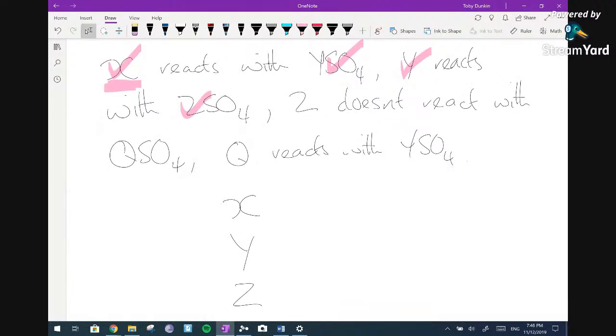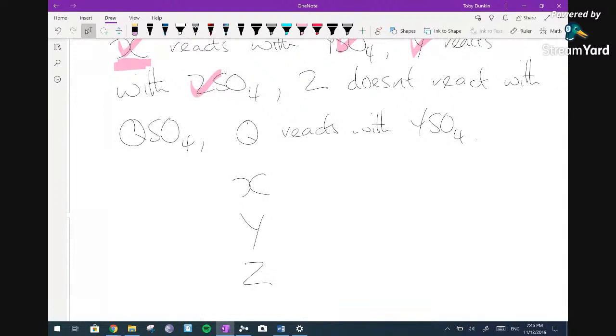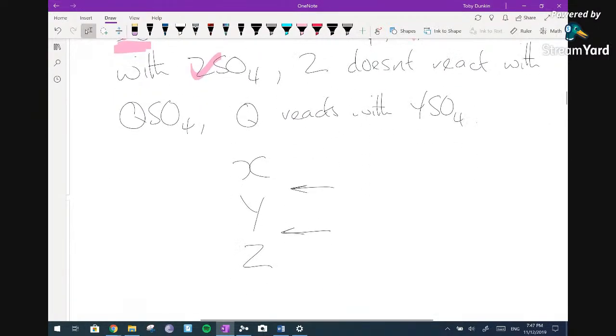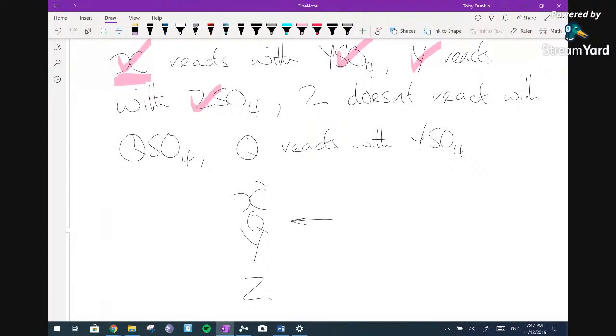And then it said Z doesn't react with Q sulfate. Oh, that means Q is more reactive than Z. So Q must go in somewhere here. Well, it then says Q reacts with Y sulfate. So Q is either going to go here or perhaps even there. It has 2 positions. They haven't told us whether or not it reacts with X, but those are your 2 options. Does that make sense?